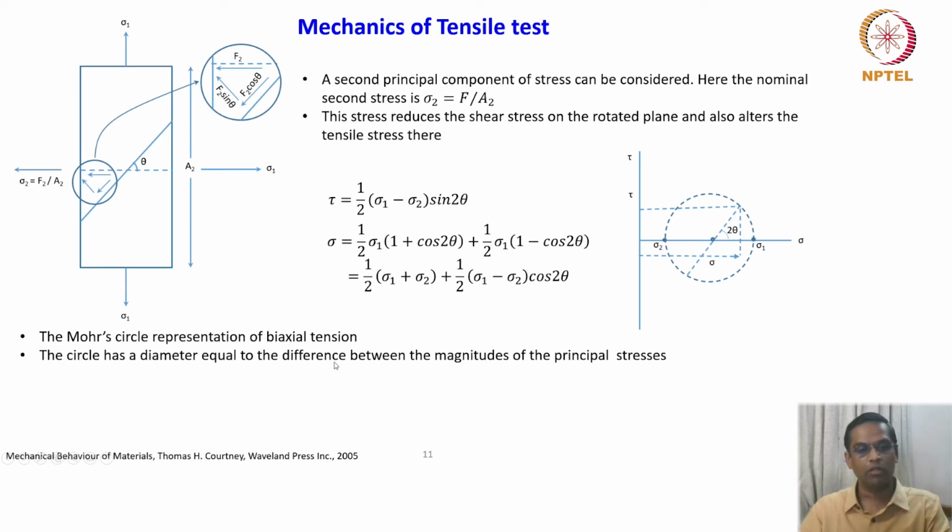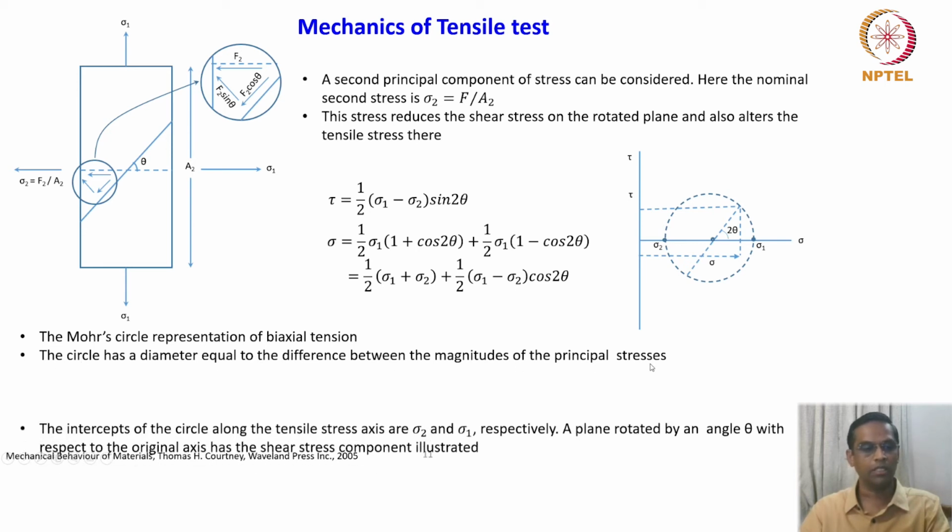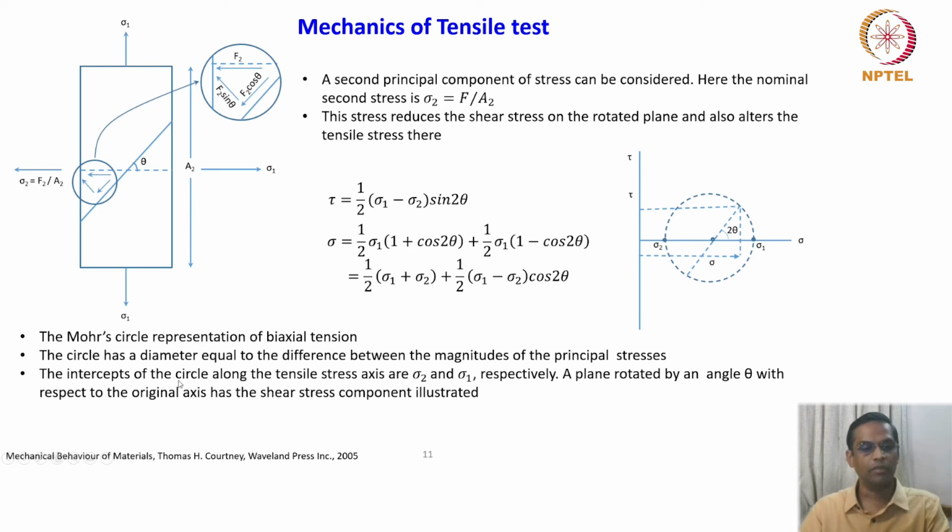The circle has a diameter equal to the difference between the magnitude of the principal stresses. The intercepts of the circle along the tensile stress axis are sigma 2 and sigma 1. And here a plane rotated by an angle theta with respect to the original axis has the shear stress component illustrated. So the rest are the same. We know that this is 2 theta. So this is sigma and this is shear.